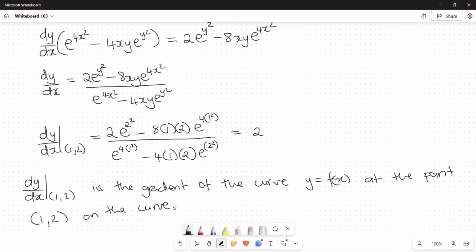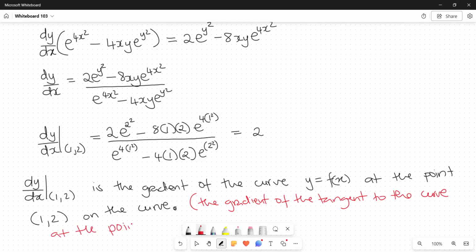Or you could also mention this is the gradient of the tangent to the curve at the point (1, 2). So both of those are correct. The gradient of the curve at that point is equal to the gradient of the tangent at that point.